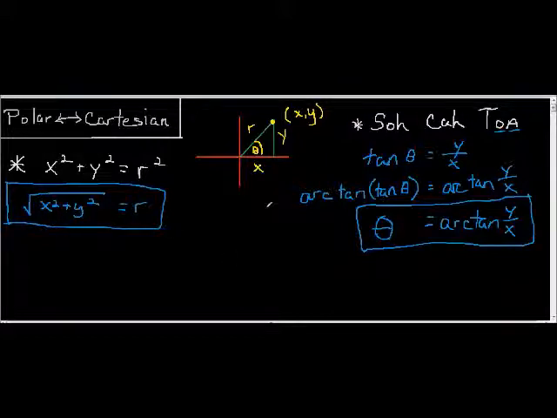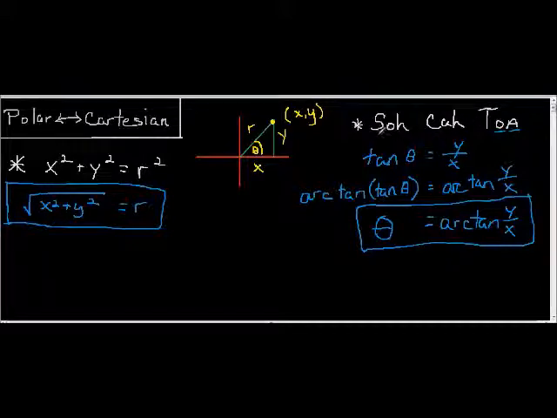So what if they wanted us to go the other way and say they gave us the theta and the r, and they wanted us to solve for x and y. Well, let's see what we would have to do to solve for x first. Let's look at our SOHCAHTOA concept again.